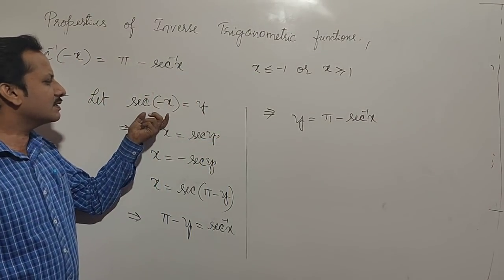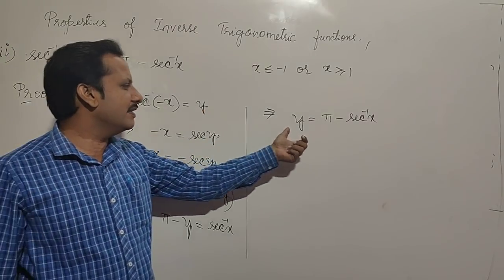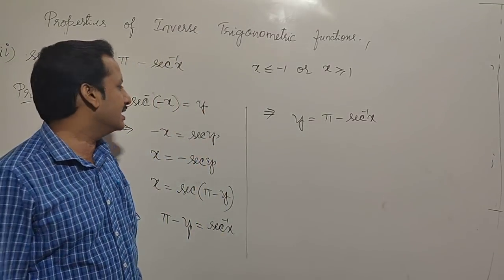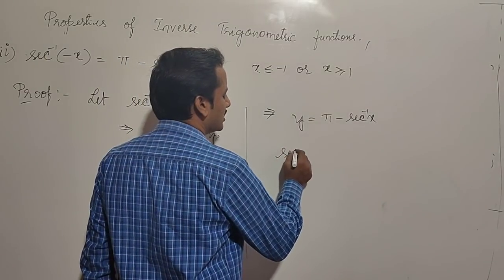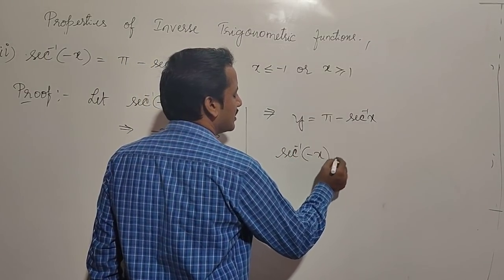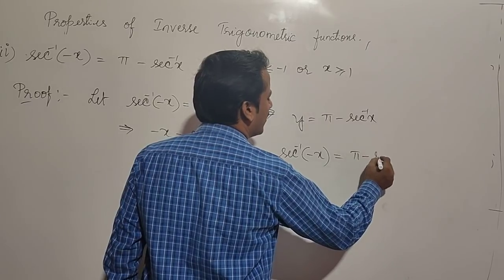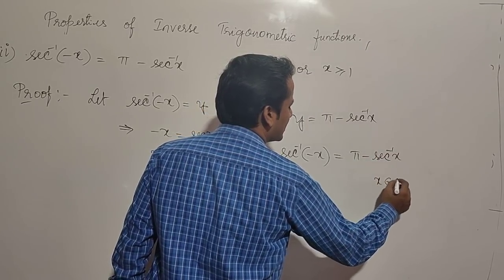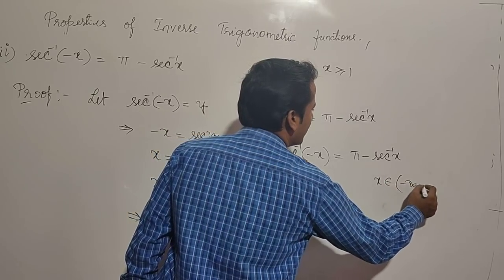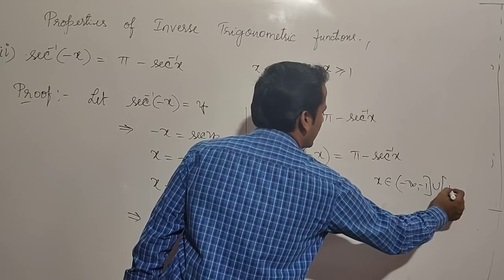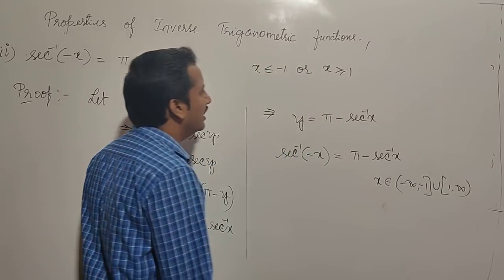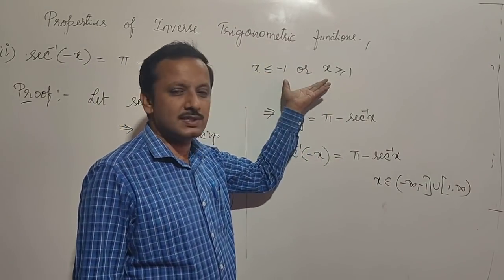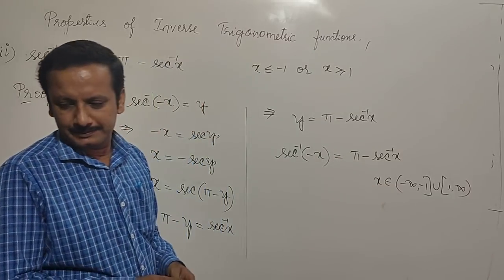So here we have secant inverse of minus x equal to y, and here we have y equal to pi minus secant inverse x. From these two equations, I can write secant inverse of minus x is equal to pi minus secant inverse x whenever x belongs to minus infinity to minus 1 union 1 to infinity. This interval and the earlier one are one and the same.